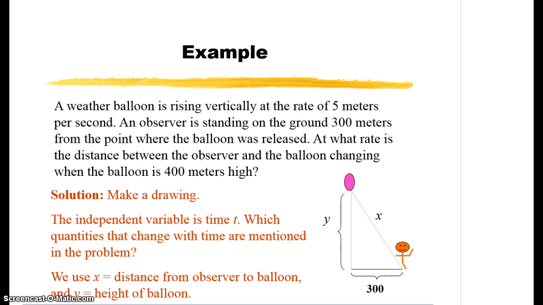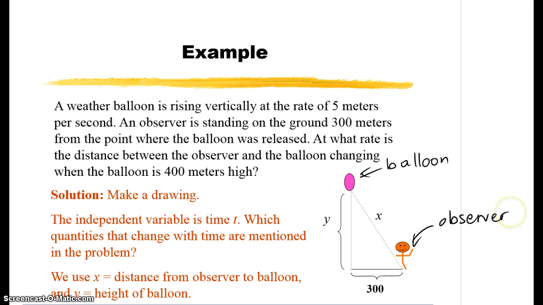So here's a picture. We have our balloon in purple, like you see here, and it's rising vertically up. And the independent variable is time t. So what are the quantities that change with respect to that variable t as mentioned in the problem? Well, the vertical height will change, and the distance between the balloon and the observer would also change.